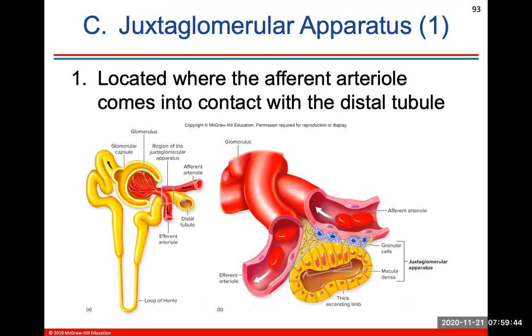All right. The juxtaglomerular apparatus is located where the afferent arteriole comes into contact with the distal tubule. So this is the juxtaglomerular apparatus. It consists of the macula densa and granular cells.